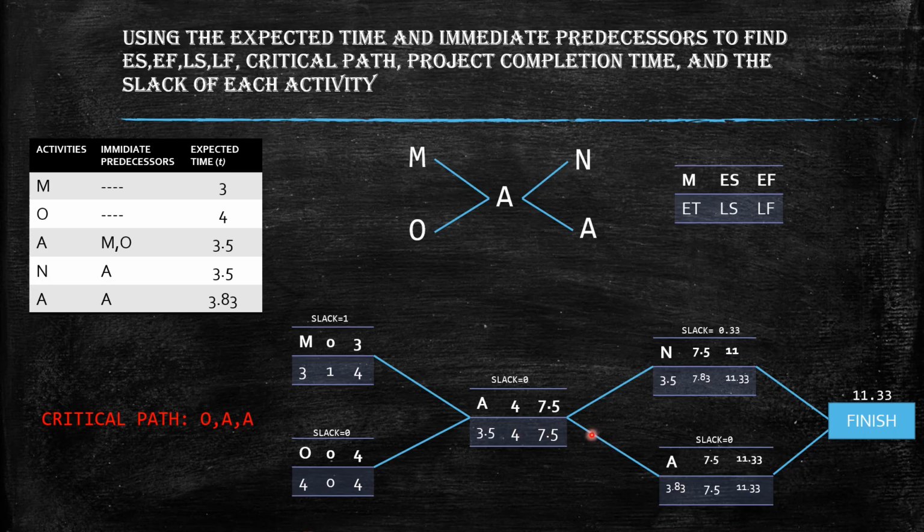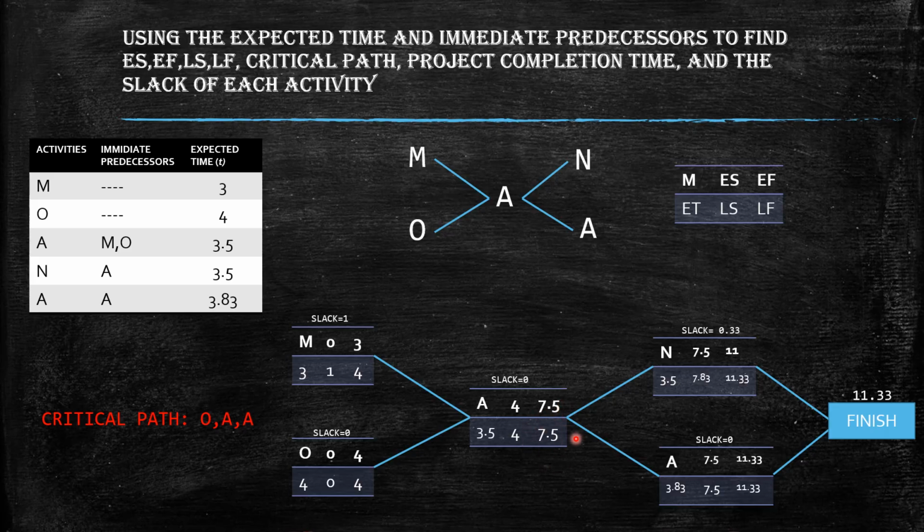Here also. And since the latest start of N is 7.83 and the latest start of activity A is 7.5, we're gonna select the minimum again. Minimum ang atong pilion, no? So, since ang minimum nato is 7.5, then, ang atong latest finish sa activity A is 7.5.